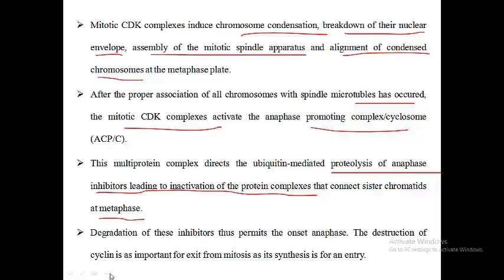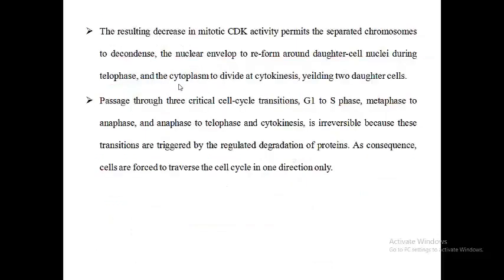The destruction of cyclin is as important for exit from mitosis as its synthesis is for entry. Both synthesis and degradation are required for the control of the cell cycle.